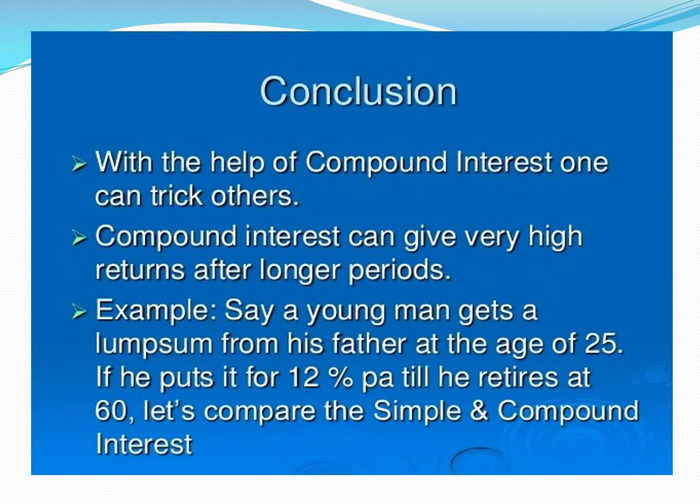Lastly, we move to the conclusion. With the help of compound interest, one can get very high returns after long periods. For example, say a young man gets a lump sum from his father at the age of 25. If he invests it at 12% per annum till he retires at the age of 60, let's compare simple and compound interest.